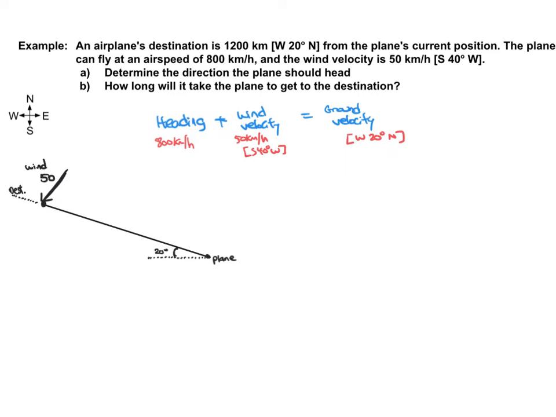All right, now the last thing I'm going to draw is the air velocity, or the heading. Which way should this plane head? And it should head basically from where the plane is to where the tail of the wind left off. Try to draw a straighter line here.